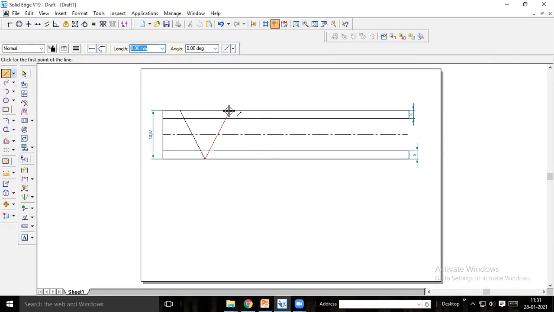So on this end, how much will this be? The positive angle is 90, 180, 270. So 270 plus 27.5 you have to mention here. Hope you all understand.